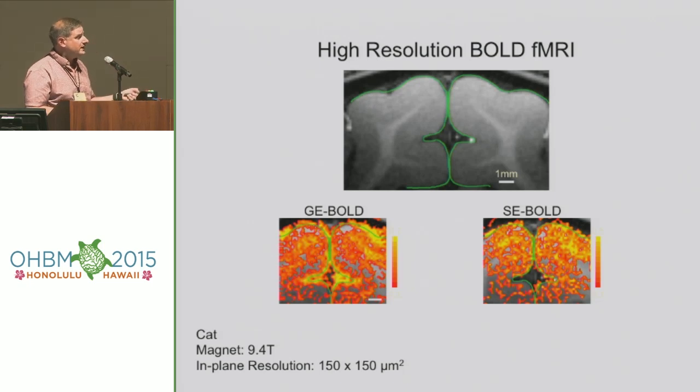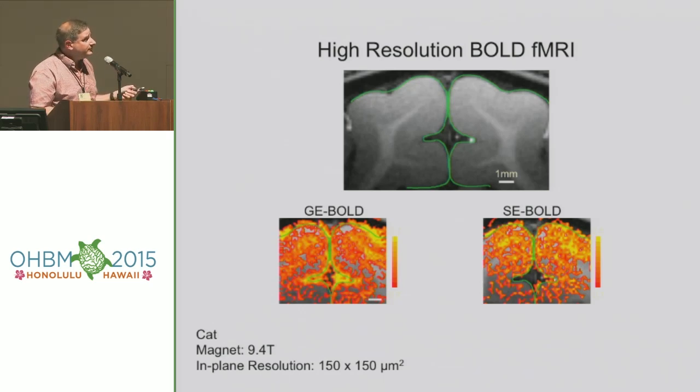So once again, we go back to the cat, where we did relatively high resolution fMRI studies, 150 micron in-plane resolution. We see the anatomical image on top, and we have both gradient echo BOLD, that's the standard BOLD signal that everybody uses today for fMRI, and the spin echo, which is typically more useful when you go into high resolution or high field.